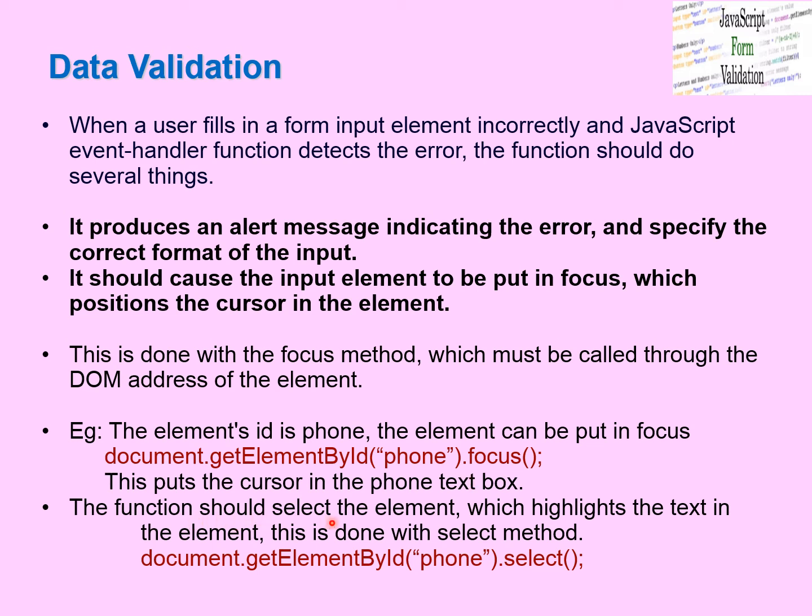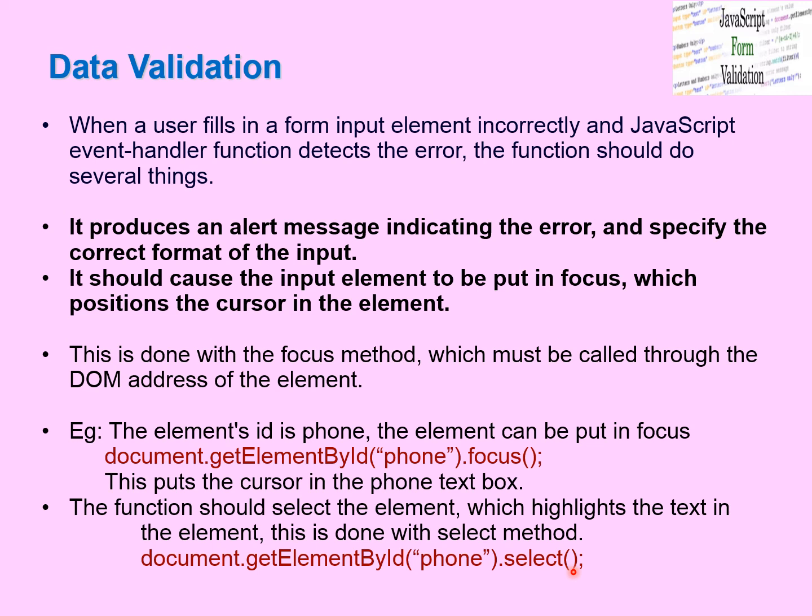The function should select the element, which highlights the text in the element, and this is done with the select method. If you want to select the element and highlight its text, that can be done through the select method: document.getElementById("form").select(). Suppose a user inputs incorrect data and an alert message is shown.